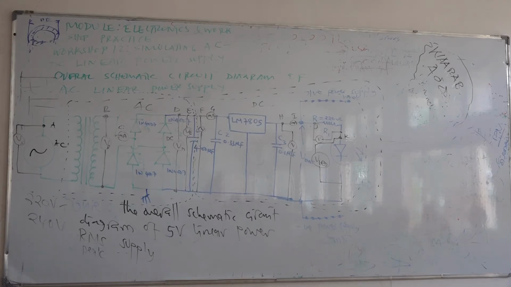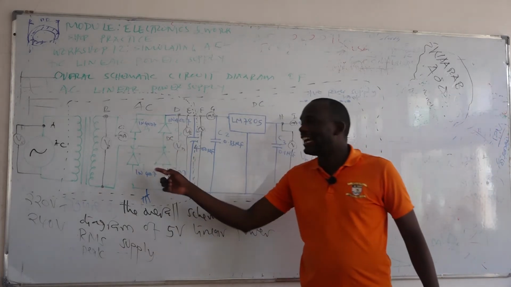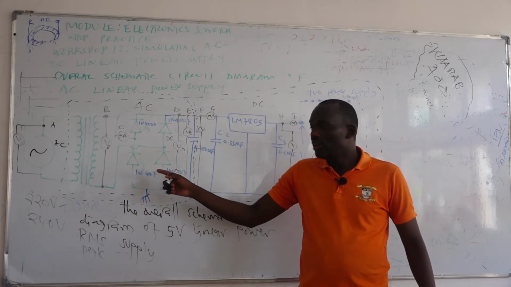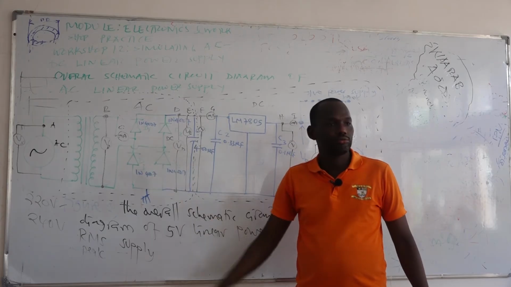That voltmeter, yes, okay. Baraka asked me a question, and his question is this one. Very important question. Here we have 4 semiconductor devices. We have 4 diodes, right? 1, 2, 3, 4.